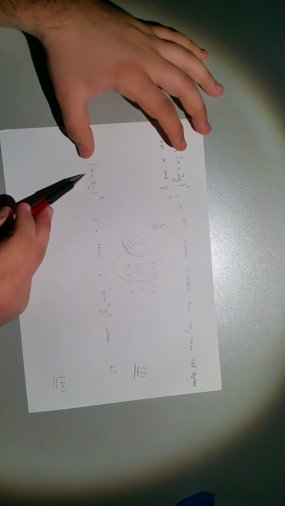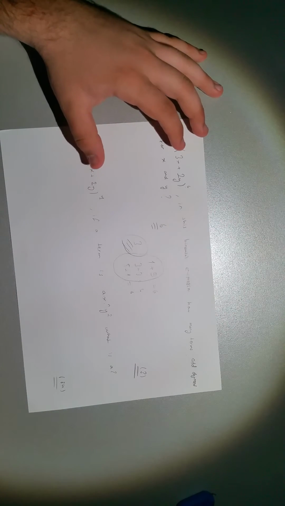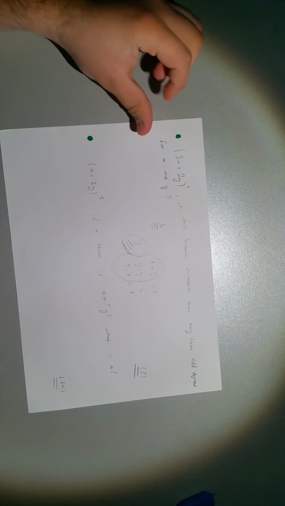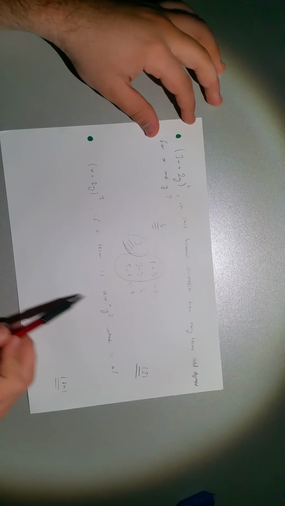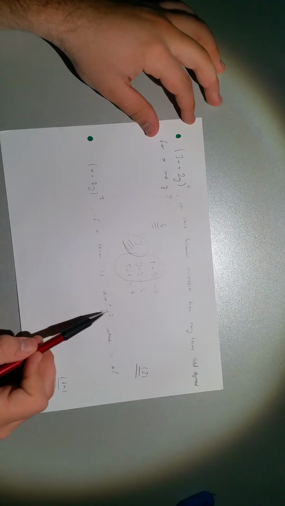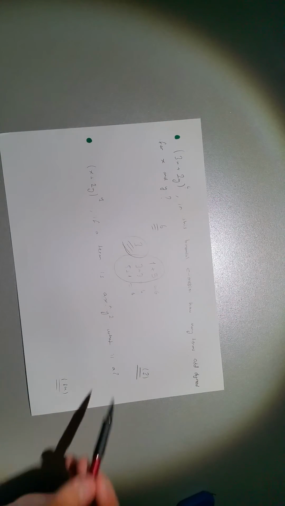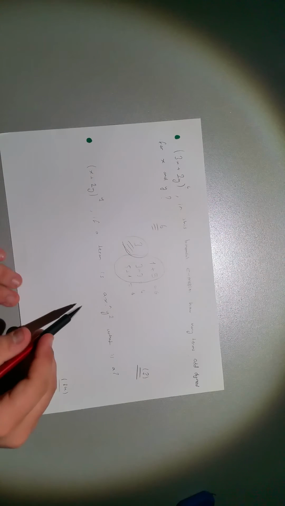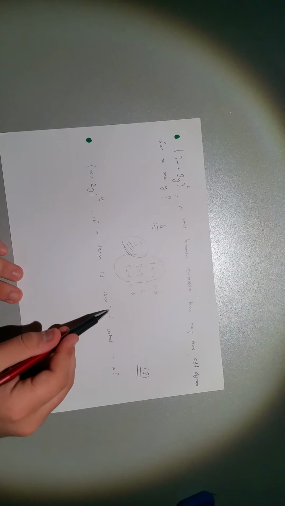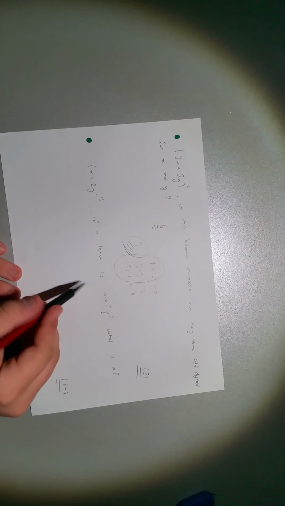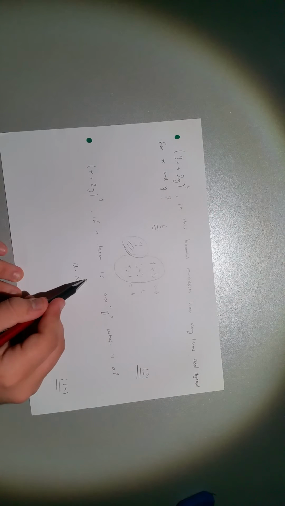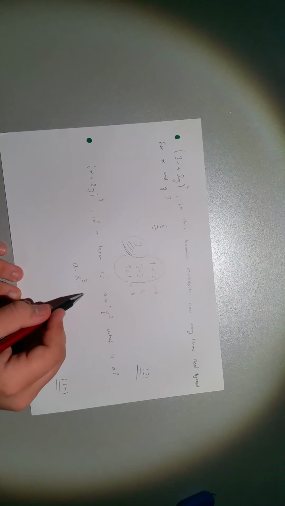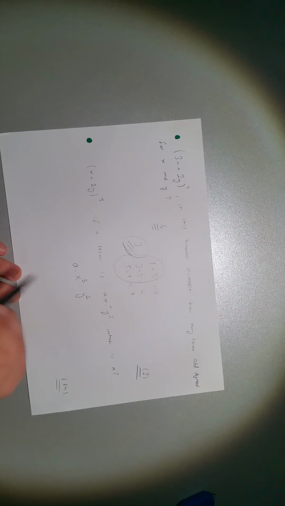And the other question, (x plus 2y) to the power of 7. If a term is a times x to the power of n times y squared, what is a? If I look for n, I can say that it is a times x to the power of 5 times y squared.